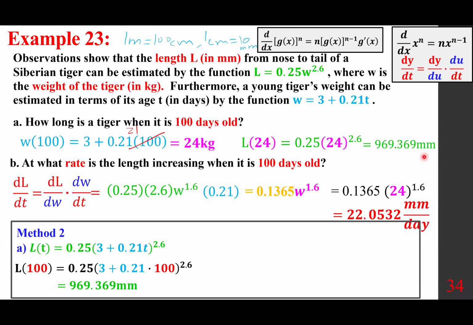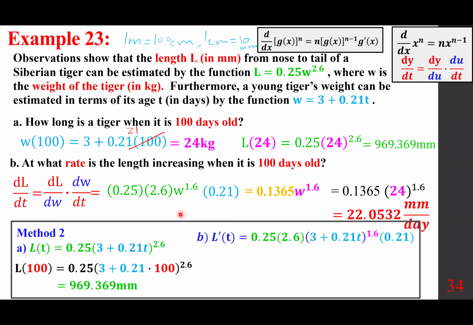Again, as I mentioned, close to almost 1 meter, because 1,000 millimeters becomes 1 meter. What about L prime? If I differentiate this with respect to time, I get 0.25 times 2.6 times the same thing to the power of 1.6 times the derivative of the inside, which is 0.21.